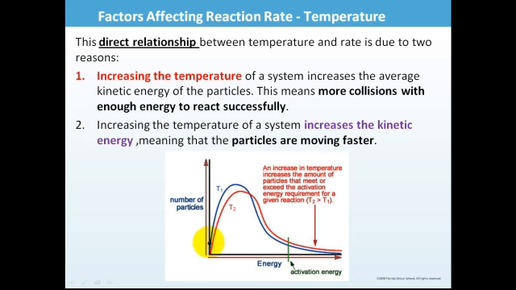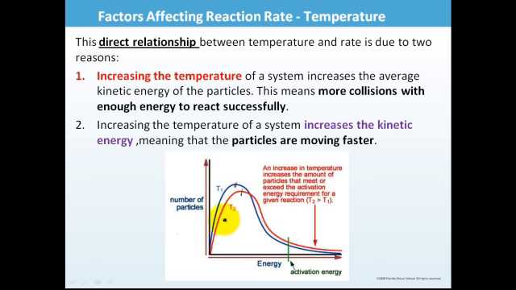In the curve here, you see we've got the original temperature labeled as T1. That's the blue curve. When we increase the temperature, that's going to cause the average kinetic energy to move up. Right? So that means we've got more energy. Okay, so the average is roughly here for T1. Now when we increase the temperature, now we're over here for our average.